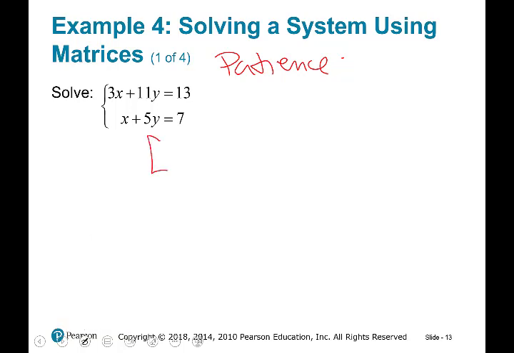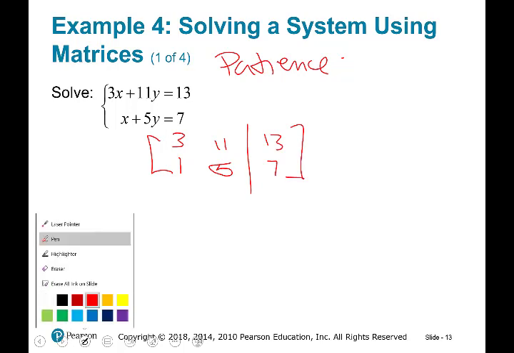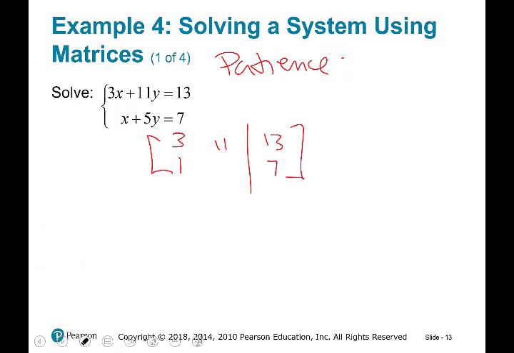If I have it in augmented matrix form like 3, 11, 1, 5, 13, and 7, I can use tools like computers and calculators to actually solve this, right?